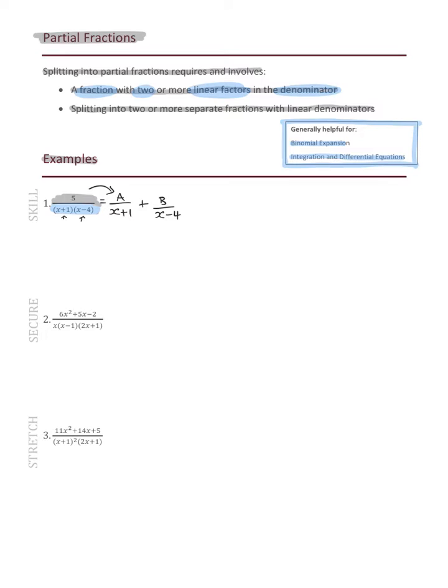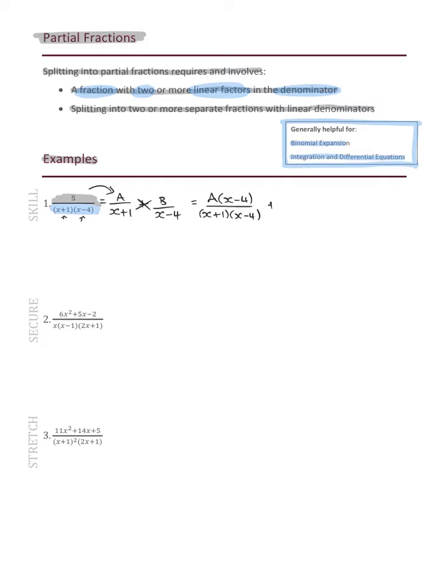Okay. Now, I'm kind of going to work in reverse. So from here, if I were to be adding these fractions, I would need a common denominator. So I would multiply across like this. So I would have a lots of x minus 4 over x plus 1, x minus 4.